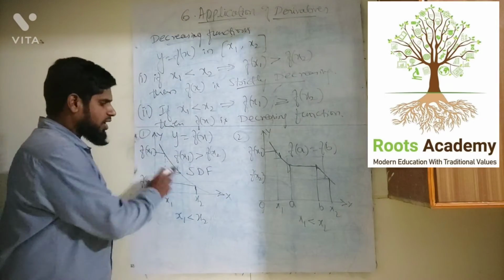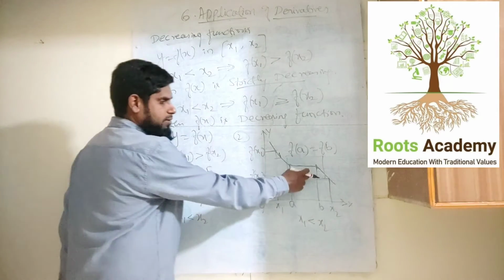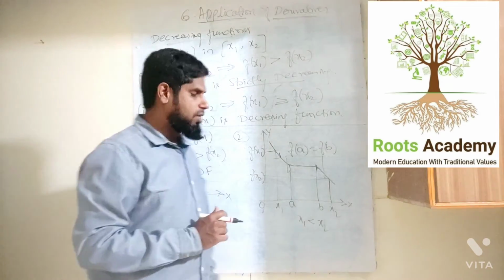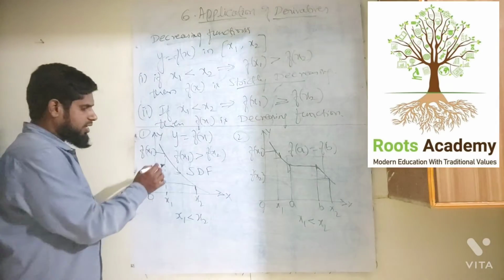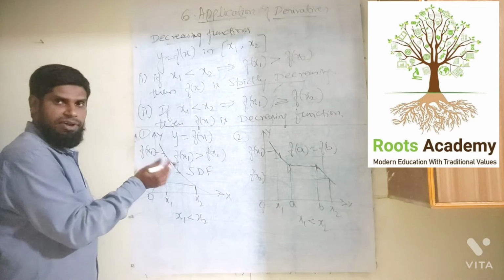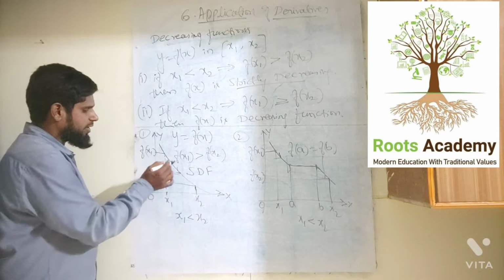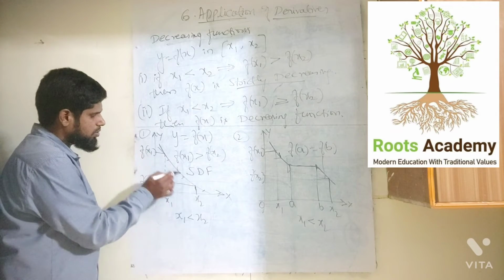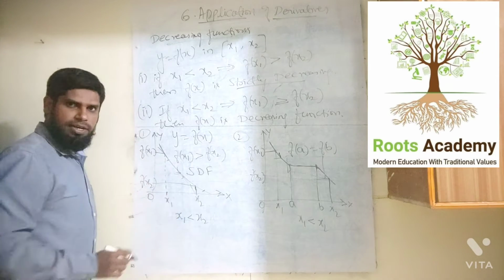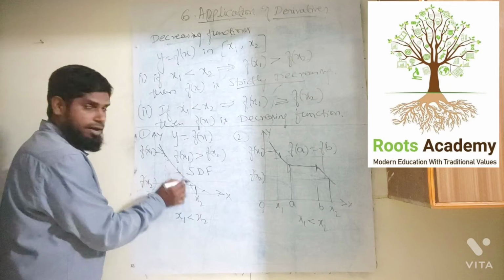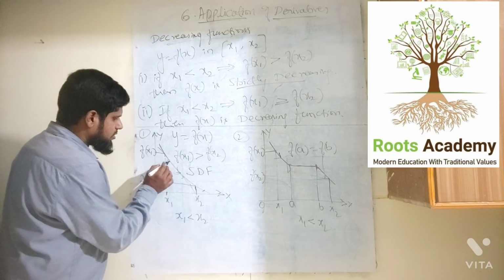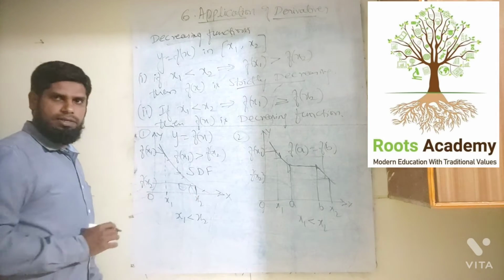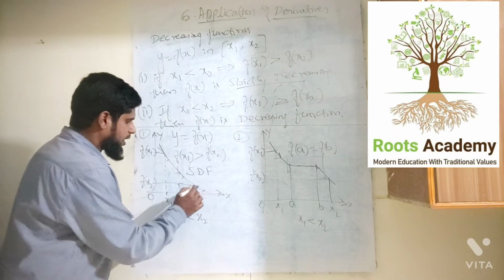Both the graphs, whatever graph I drew here, are continuous function graphs. And in this case, wherever you draw the tangent, maybe here, or somewhere here also, the tangent I draw here, the angle for this is always greater than 90 degrees.